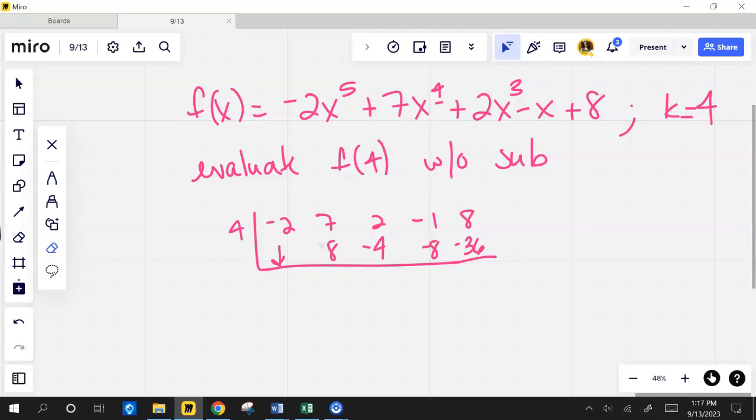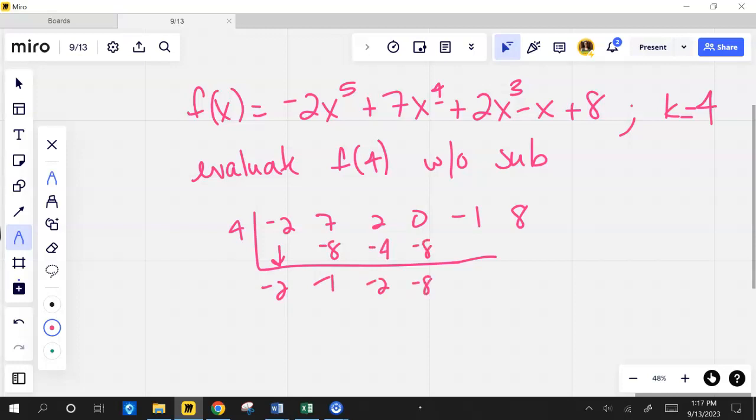That means x minus 4 is what I'm dividing by.